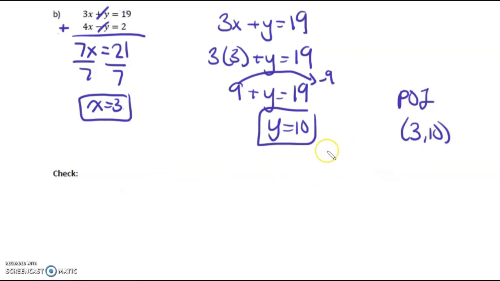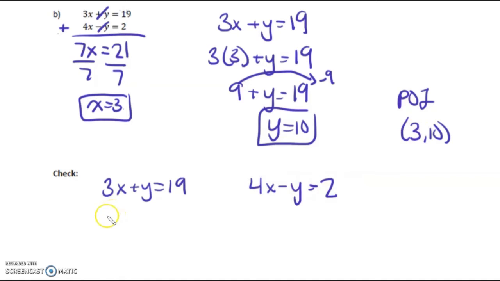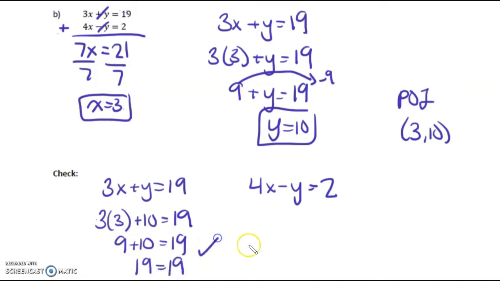Now, in order to check this point and make sure that it satisfies both equations, we're going to write out both equations on the bottom of the page, and we're going to sub in 3, 10. So 3 times 3 is 9 plus 10 equals 19, and we get 19 equals 19, which it does.